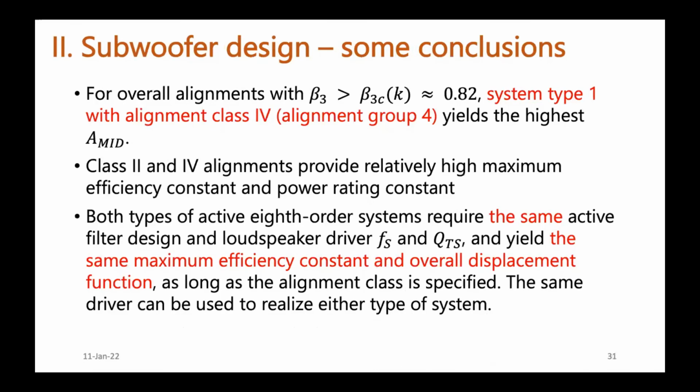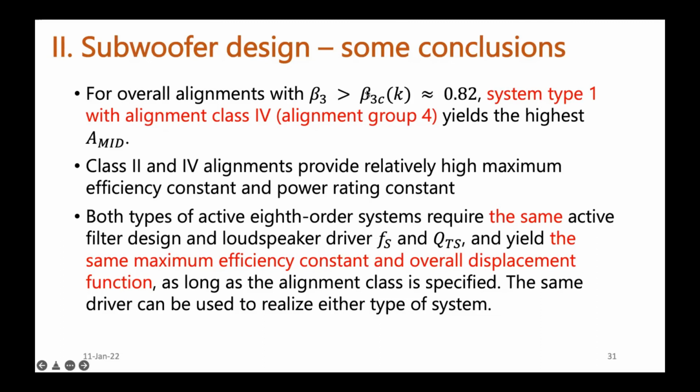And here are some conclusions of the parametric study. The most important one is for the overall alignment, that means the overall desired response, the bandpass response. If the relative bandwidth is larger than 0.82, it's not very wide, so the range can be very practical.